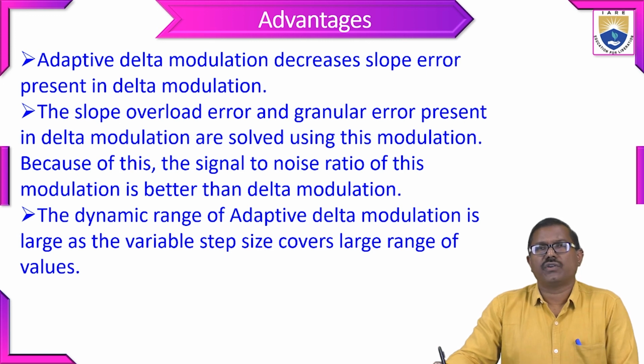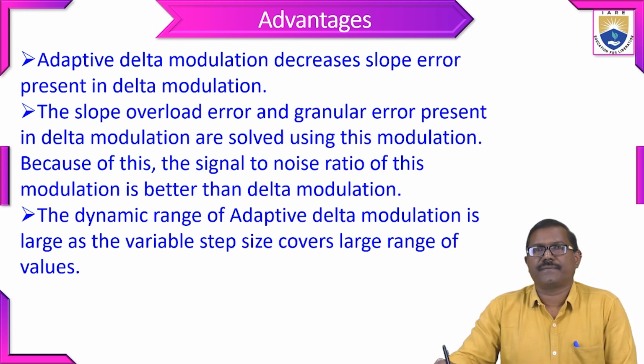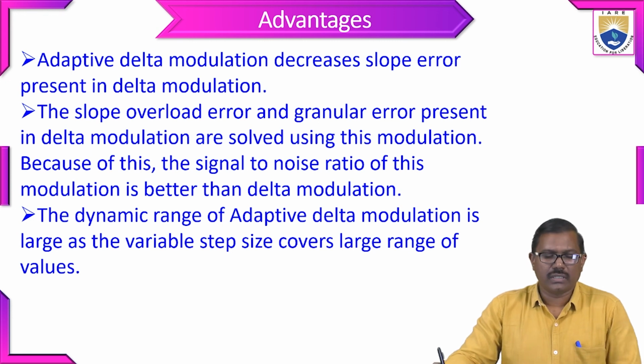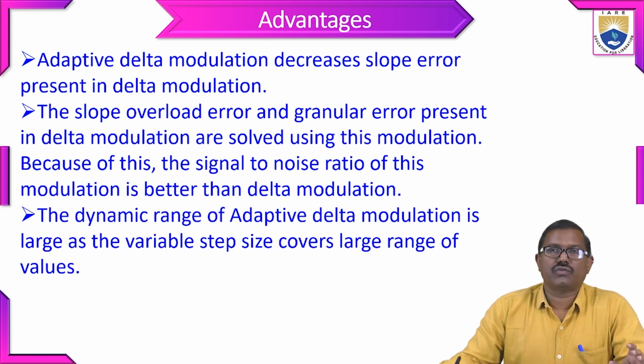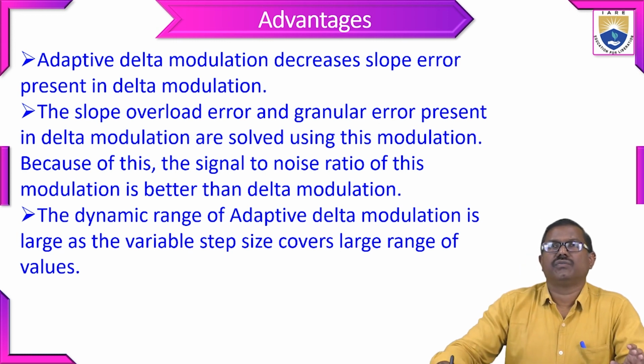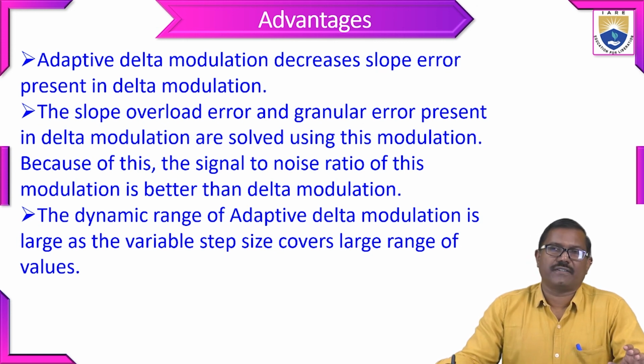Because of this, the signal to noise ratio of this modulation is better than delta modulation. The dynamic range of adaptive delta modulation is large as the variable step size covers a large range of values. Okay. So these are the advantages of adaptive delta modulation.